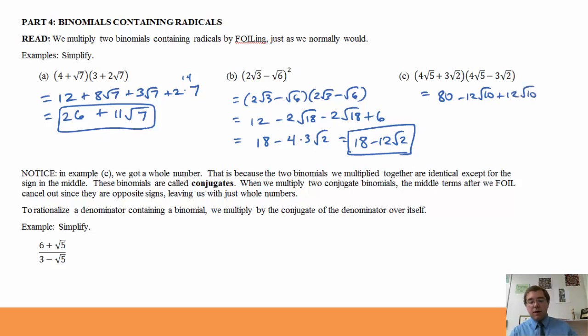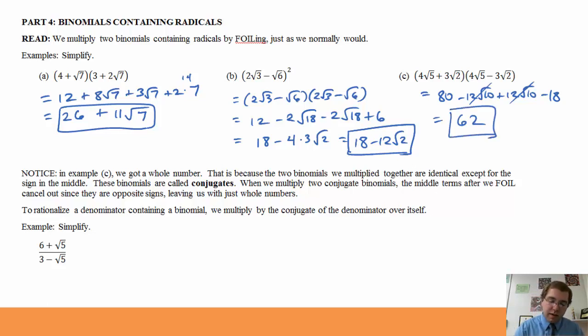Then I've got 3 radical 2 times negative 3 radical 2, which becomes negative 9 times 2, which is negative 18. Combine like terms, but hey, those two middle terms cancel. They're the same except opposite signs. That leaves me with 80 minus 18, and that's just 62. So I just got a standard number, no radicals.